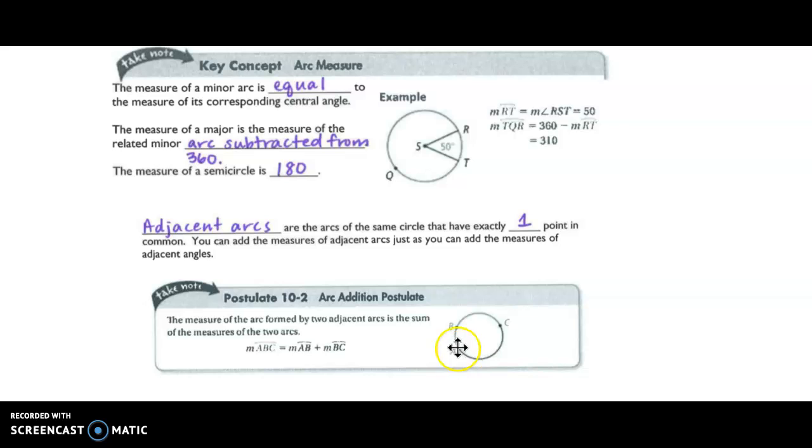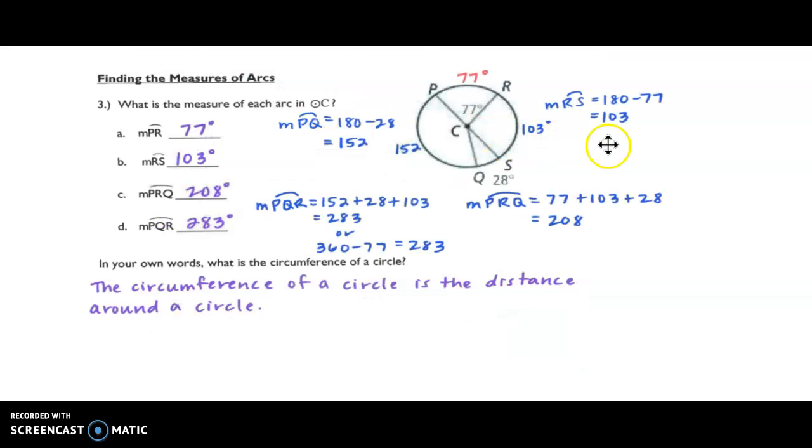For instance, AB and BC are adjacent arcs because they share point B. And then finding the measures of the arcs. Please look this over as well.